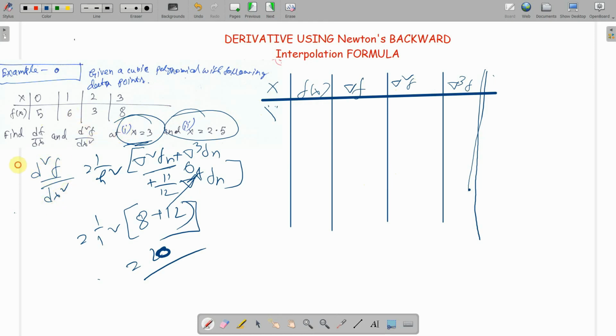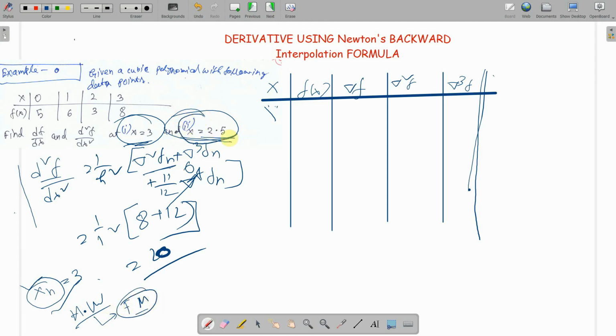Suppose you are seeing this kind of thing, and the data is near to the xn. So the easiest way to go, and I told you you can be a hero in numerical analysis if you can do this, or you can solve any problem in the easiest way, is to consider xn equals 3 and find out the values. Now for your homework, you will try to solve this using the forward method.